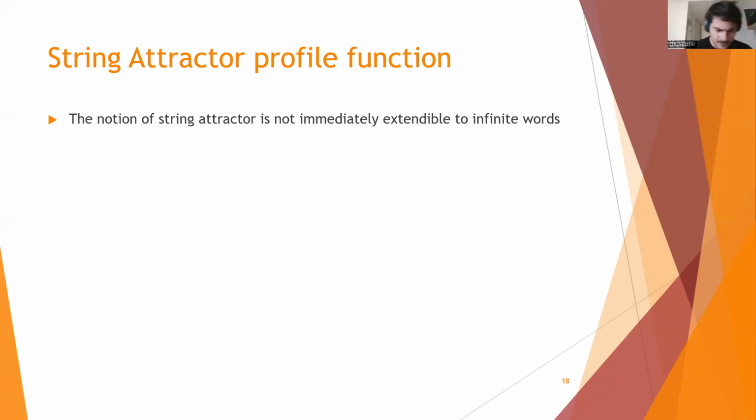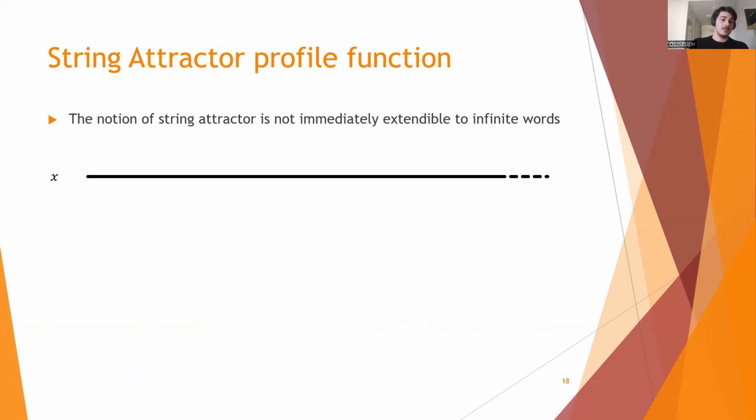So why are we talking about infinite words? Well, it's not that easy to extend the definition of a string attractor to infinite words. This can be observed because, for instance, given a unidirectional infinite word X, we may find at a certain point a certain factor, and we may try to pick this position for our string attractor.